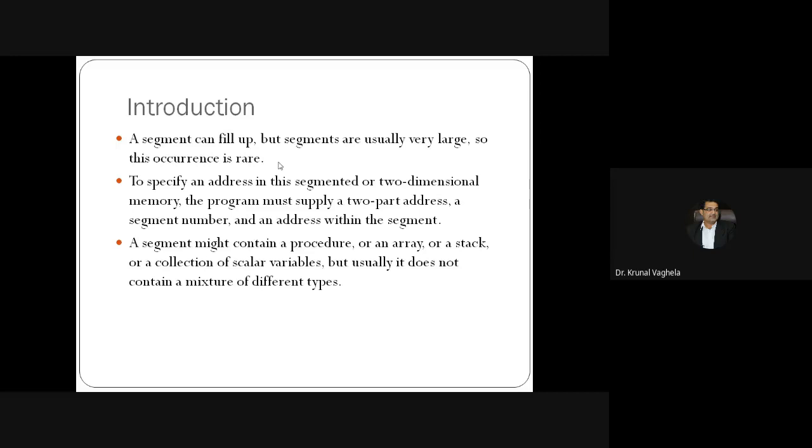So there will be a two-dimensional array. One dimension represents the segment number, and the second dimension the address within that particular segment. A segment might contain a procedure, an array, a stack, or a collection of scalar variables, but usually it does not contain a mixture of different types.